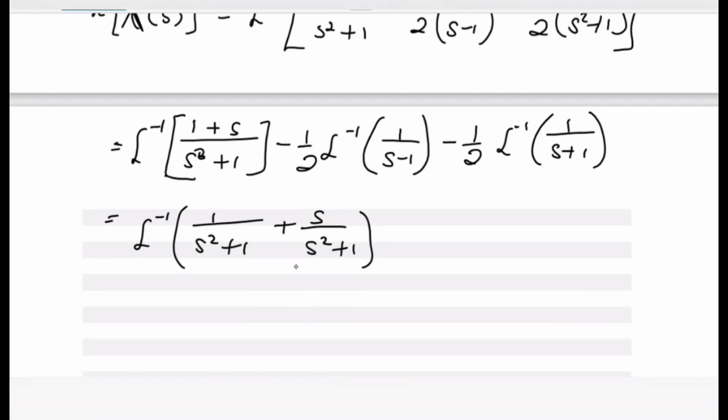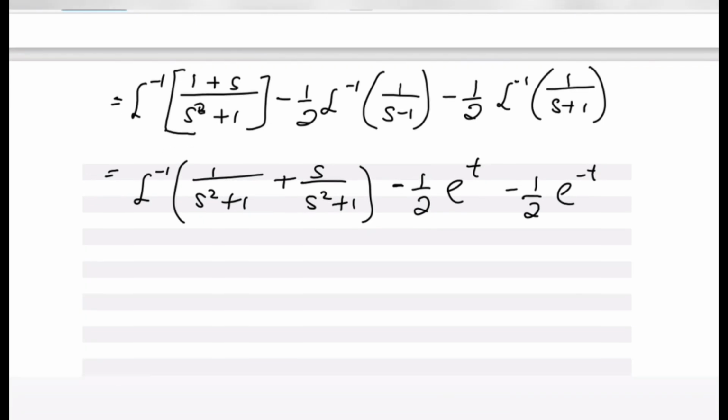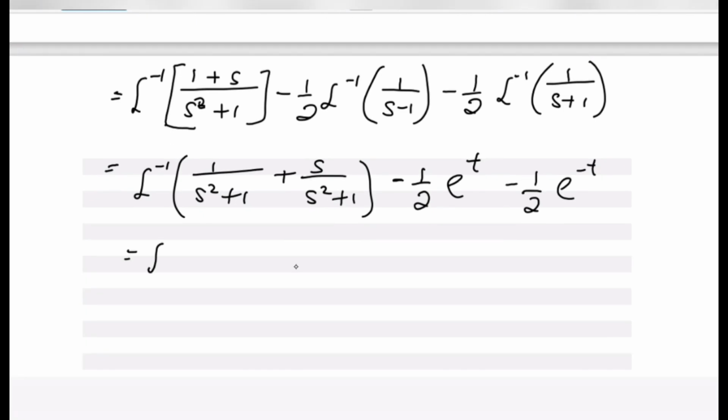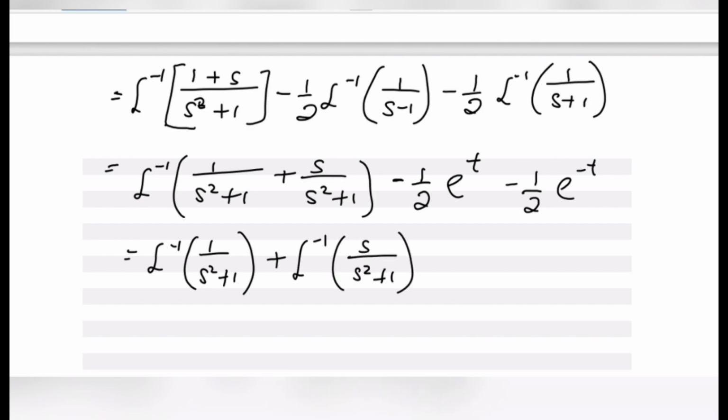Then you have minus 1/2 exponential t minus 1/2 exponential negative t. And what we'll have here is going to give us Laplace inverse of, by linearity, 1 over (s squared + 1) plus Laplace inverse of s over (s squared + 1), then minus 1/2 exponential t minus 1/2 exponential negative t.